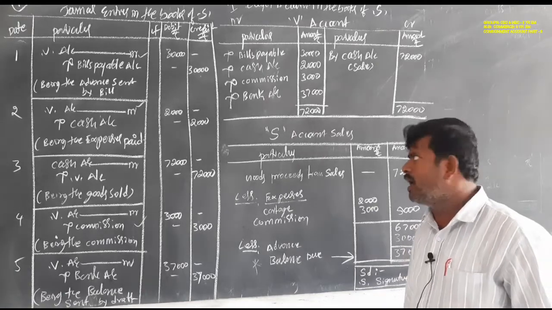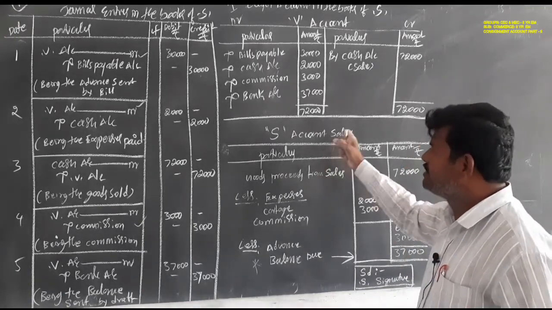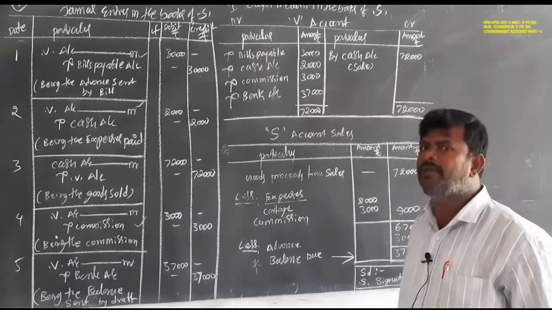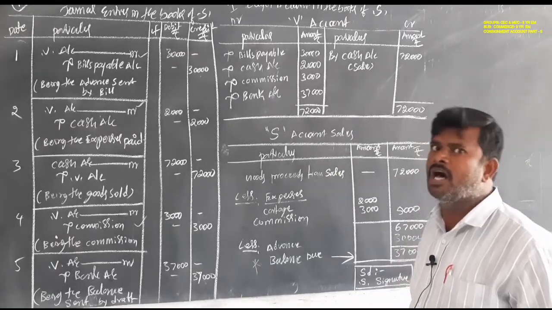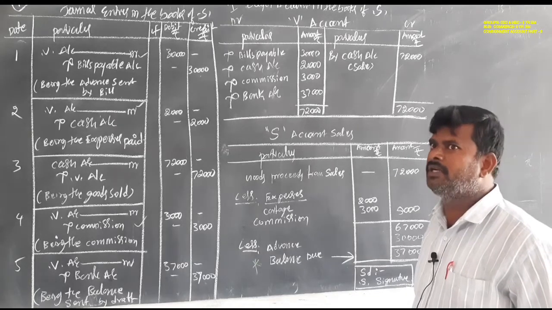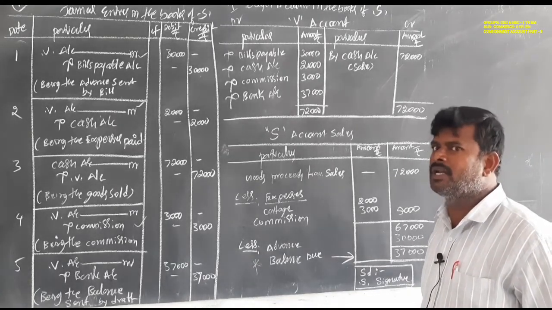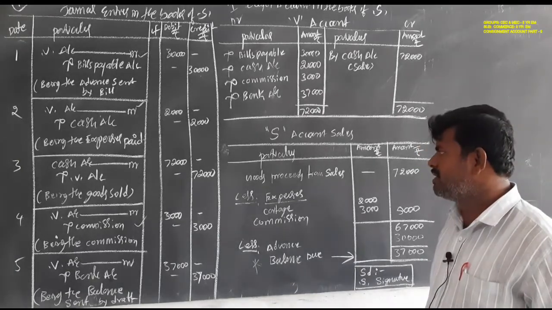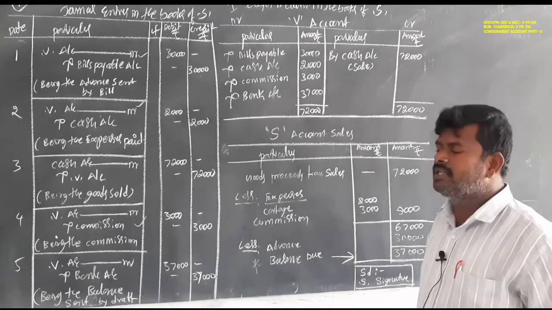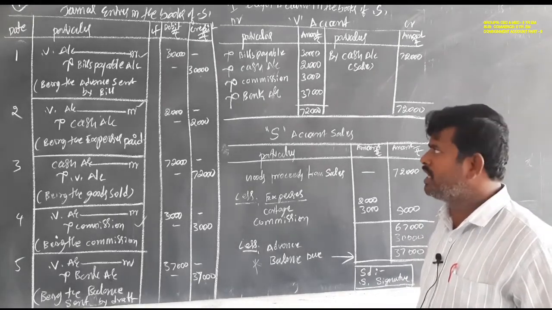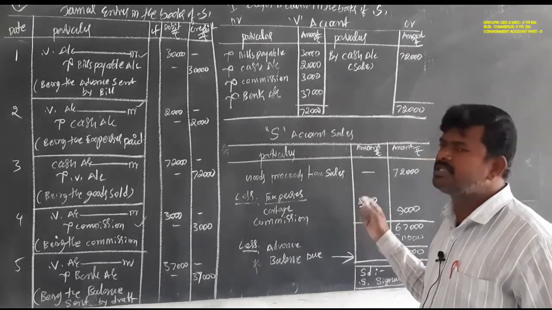Account sales is prepared by the consignee and sent to the consignor. It is a statement giving details about the sales, consignee expenses, commission, advance, and the balance sent to the consignor.